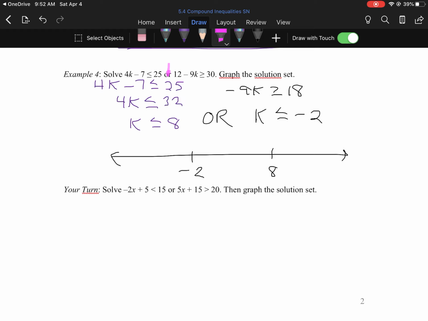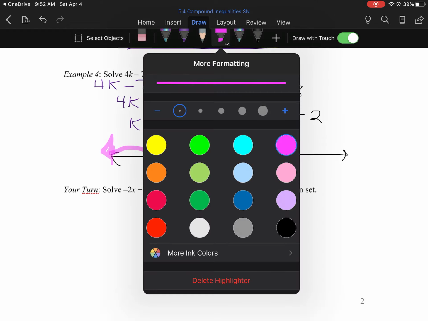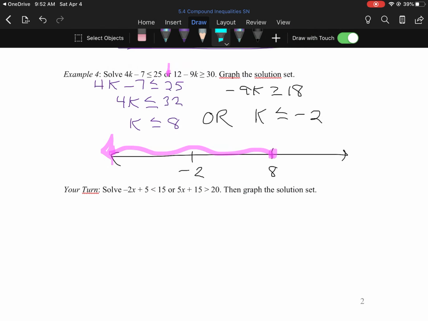So I have k is less than or equal to 8. So I have an open circle there, shaded to the left. And I have k is less than or equal to negative 2. So closed circle there, shaded there.